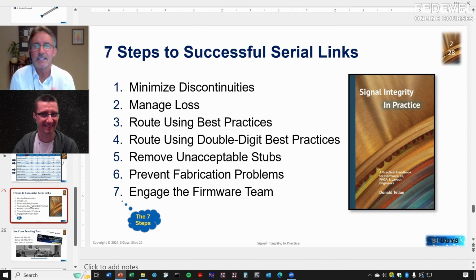But basically, all these things just help you manage loss and discontinuities at different points in your design cycle. Like, where do these things come into play when I go build it? Step 6, fabrication problems, there are things to think about there. The whole equalization thing, I called it engage your firmware team.